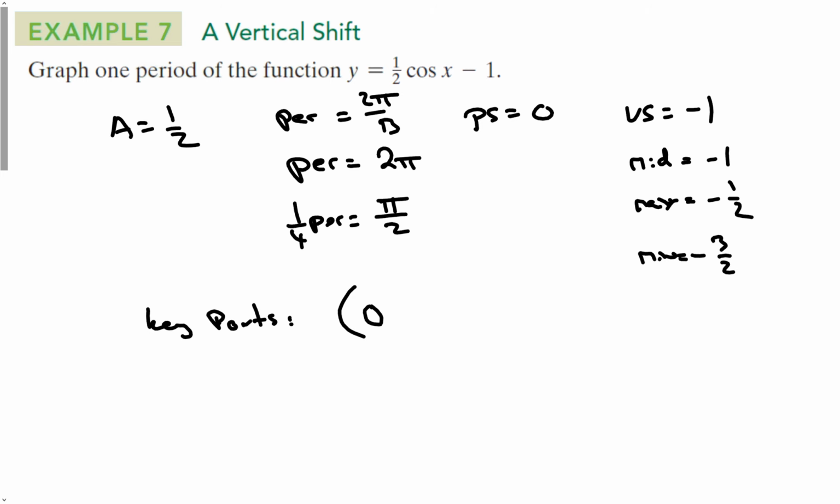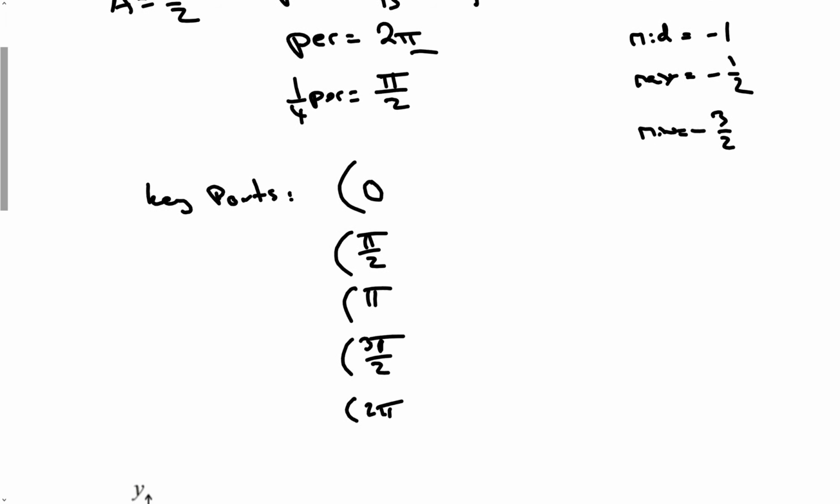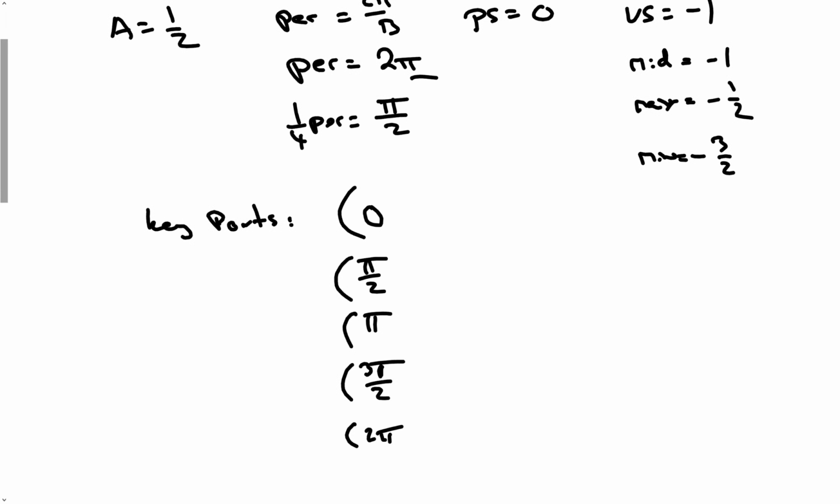Start at the phase shift. Then we go and add a quarter period each time. This is a cosine function, so remember the pattern of a cosine function.